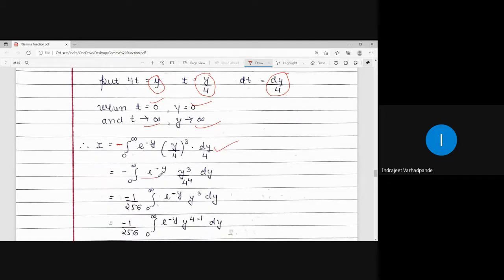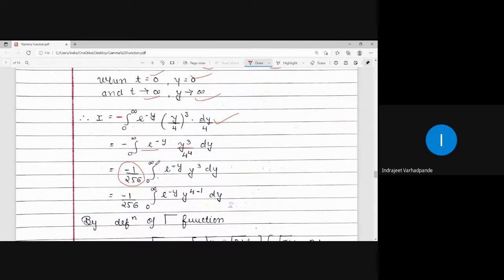So e to the power minus y into y cube, over 4 to the power 4. 16 into 16 is 256. So it gives you minus 1 upon 256, integral 0 to infinity e to the power minus y into y cube dy. Y cube can be written as y to the power 4 minus 1.